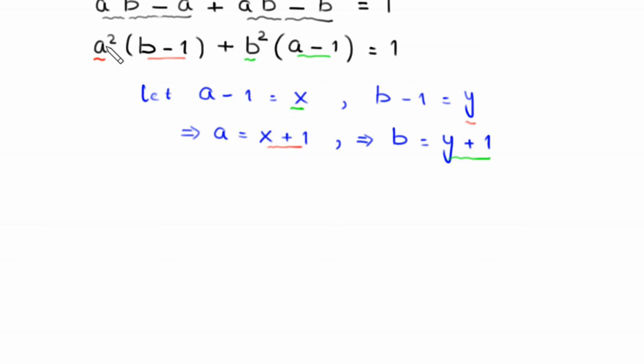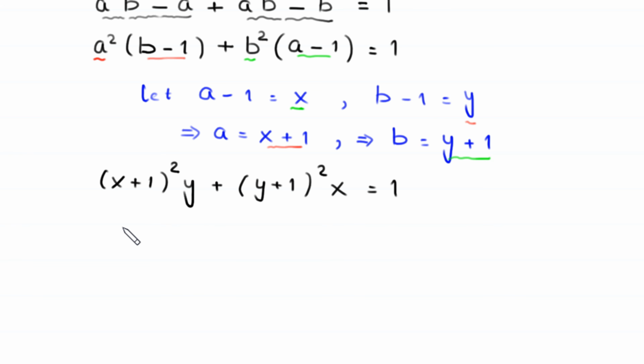So this equation will become (x plus 1) whole squared times y plus (y plus 1) whole squared times x equal to 1.